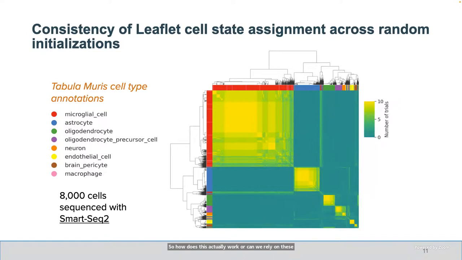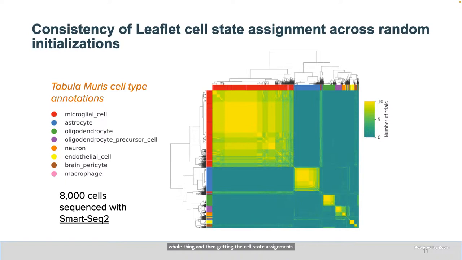To test that, we took 8,000 cells from the Tabula Muris atlas, brain cells from several different mice, specifically sequenced with the SmartSeq2 platform. They have predefined annotated cell types, which are shown on the left. Then we ran Leaflet 10 times, randomly initializing the parameters each time, and got the cell state assignments it produced, looking at how often cells were co-assigned together.